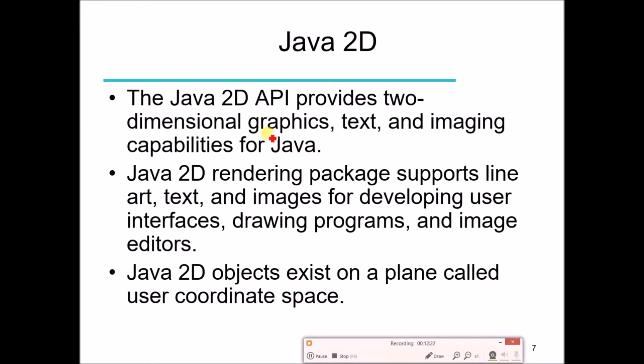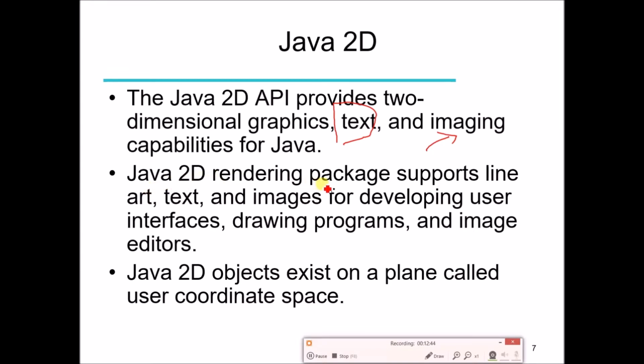And if you want to draw text, we are going to draw the text as graphics. There are also imaging capabilities. We can read an image from an image file and draw this image in the Java frame or in the Java window, and we can apply certain operations on the image by using Java 2D.